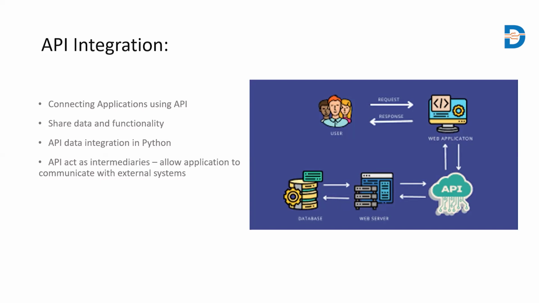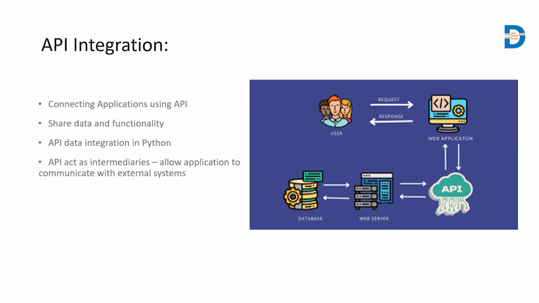Python, with its rich set of libraries and frameworks, provides powerful tools for API integration across various domains such as web services, databases, and cloud platforms. API data integration in Python involves using application programming interfaces, APIs, to retrieve, manipulate, and use data in the Python applications.